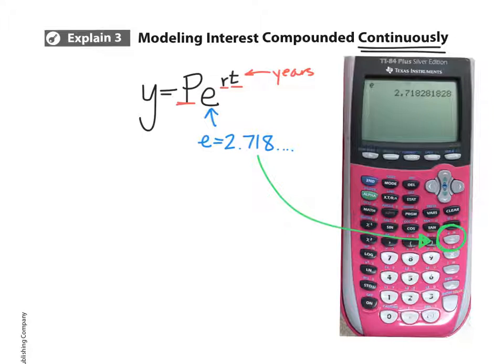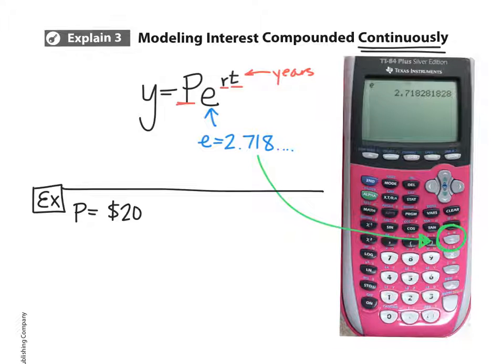All right, so let's think about the same example that we've been doing and see if compounding continuously makes it any sooner than we've had before. So we said, remember, our principal was still going to be $200. Our rate was 0.0625. Remember, we had changed that already from a percentage. Our T is going to be unknown.